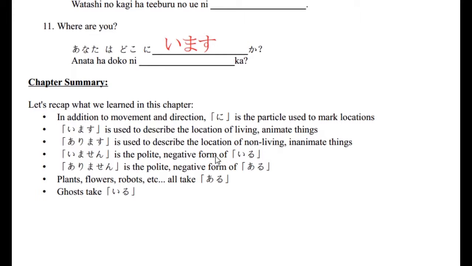Imasen is the polite negative form of iru, and arimasen is the polite negative form of aru. And again, we'll go into more detail in later chapters about this mas, imasen, arimasen form. We also learned that plants, flowers, robots, and things like that all take aru, even though plants are alive and robots are animate. And finally, ghosts are described with iru, even though they're dead.